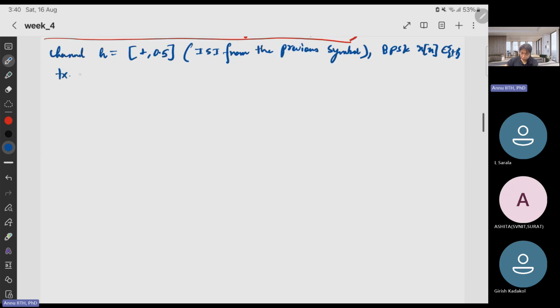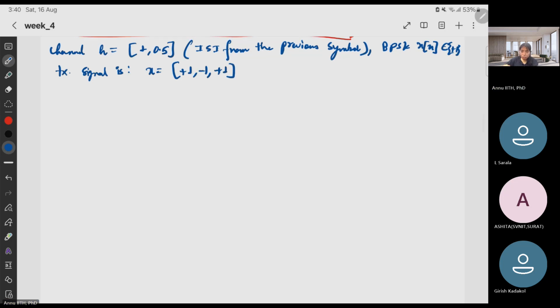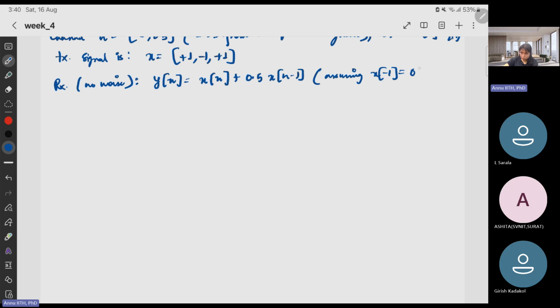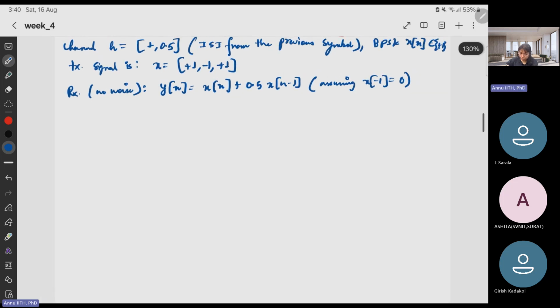Suppose the transmitted signal is plus 1, minus 1, plus 1, which is received with no noise: Y of n is equal to X of n plus 0.5 X of n minus 1, assuming X of minus 1 is equal to 0. So how will Y of n look?